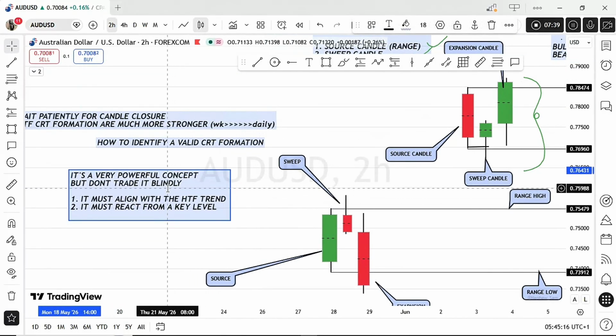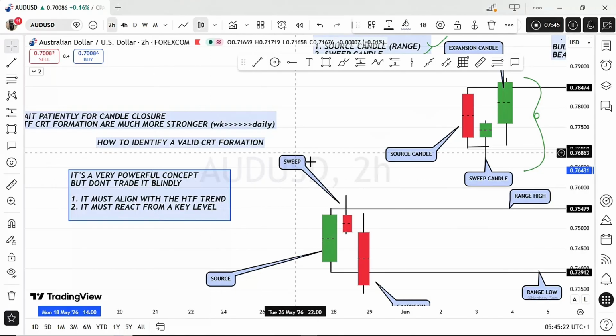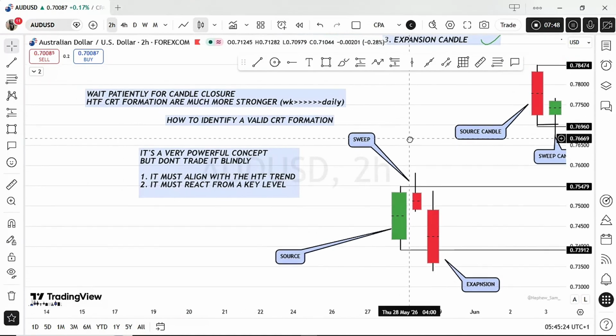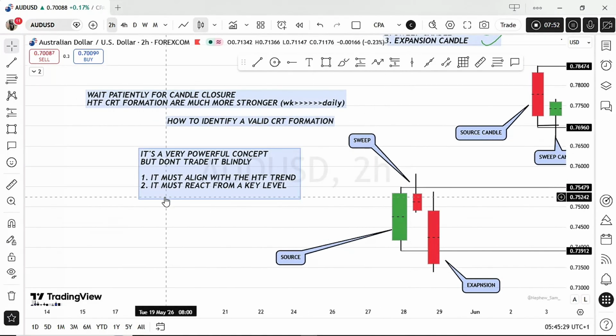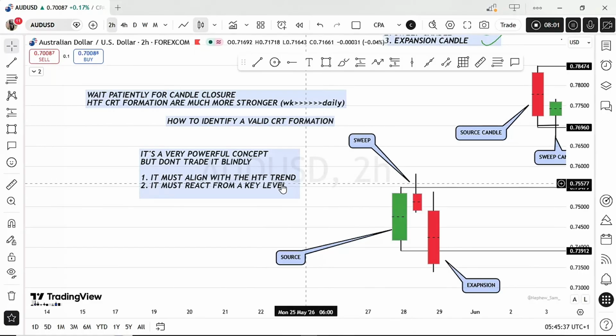It is a very powerful concept, talking about the CRT, but you don't have to trade it blindly, right? Anytime you see it on the chart doesn't mean you'll be buying or selling. A CRT, either a bullish CRT pattern or a bearish CRT formation, must align with the higher time frame bias. It must align with the higher time frame trend, right?